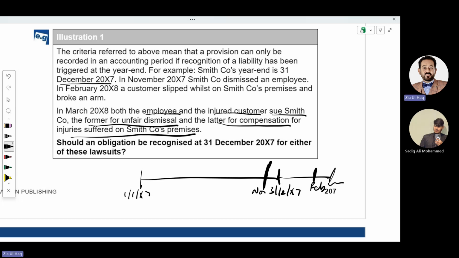So when the company dismissed the employee before year end, this was a past event. And if there is a present legal obligation, obviously he has a suit in the court, and if there is a probability of economic outflow and the amount is measured reliably, then for the employee dismissal case there should be a provision.